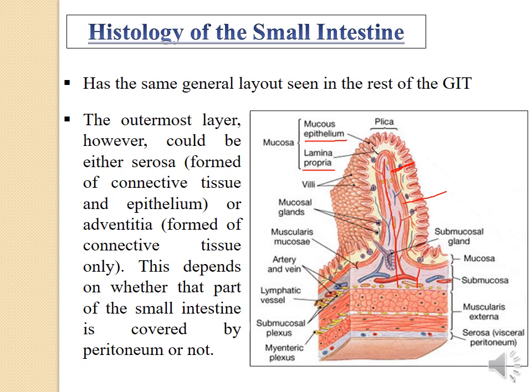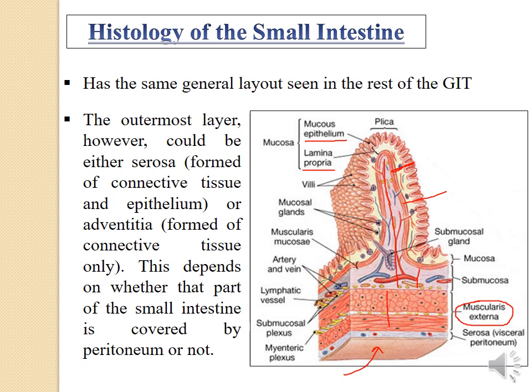Then we have the third layer, which is the muscularis externa. And finally, the outermost layer, which could be either a serosa or an adventitia, depending on whether the organ is covered by peritoneum or not.